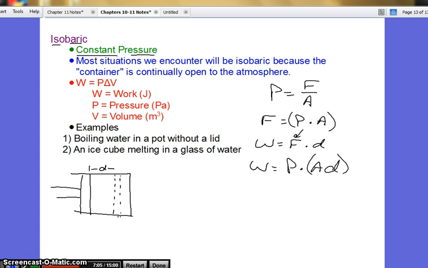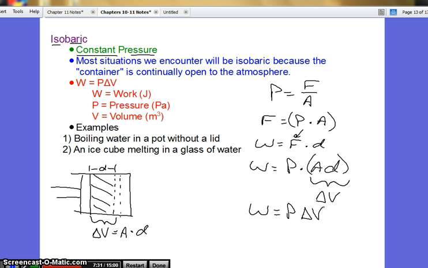We see here that this change in volume of gas is equal to the cross-sectional area of the piston times how far it has been moved. So this here is our change in volume. So the work done is pressure times change in volume.